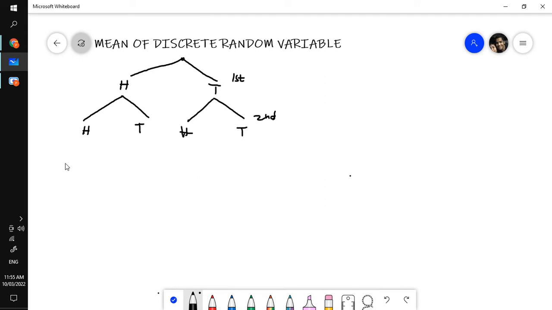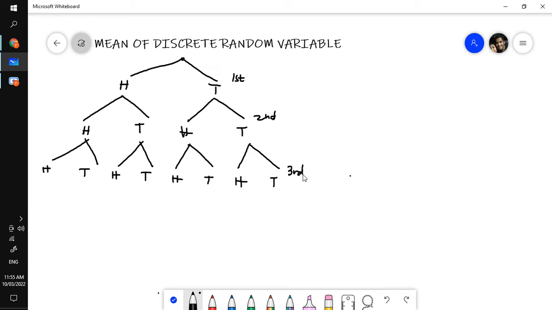On the third toss, it will also give us twigs that contain head and tail, of course. So we have tail, head, tail, head, tail, head, tail. This is our third toss. Now we already have our tree diagram.